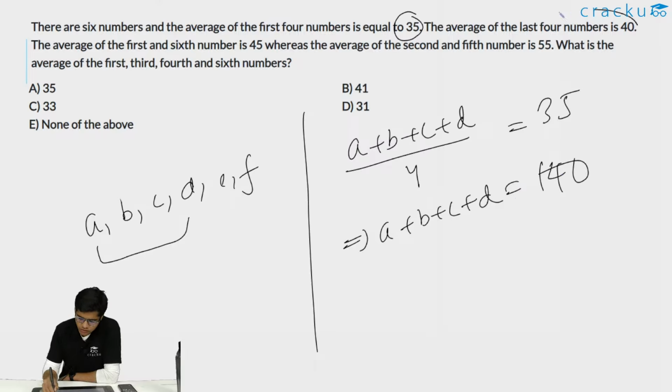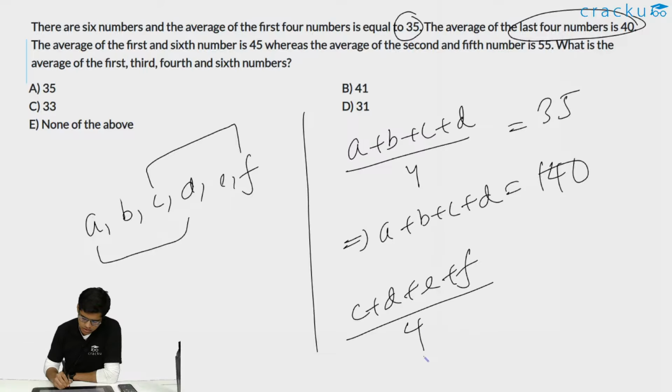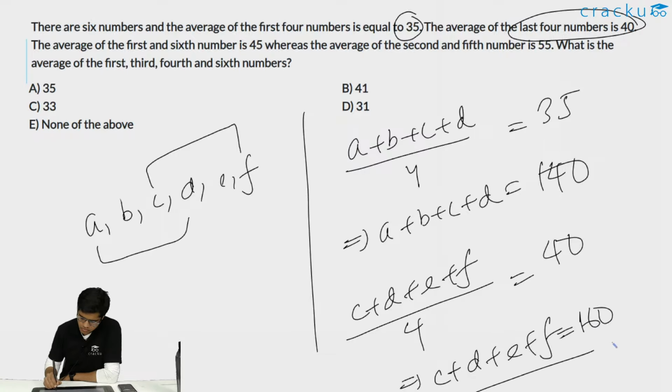Average of the last four numbers is 40. Last four numbers C, D, E, F: C plus D plus E plus F divided by 4 equals 40, or C plus D plus E plus F equals 160.